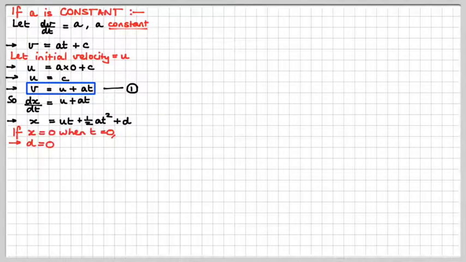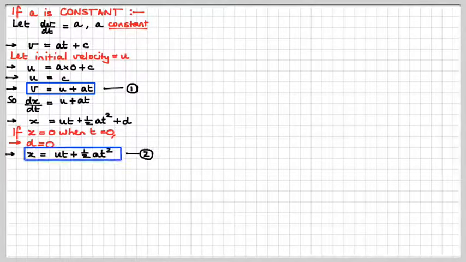Okay, now if x happens to be 0 when t is 0, that means that d will be 0. And what do we get? We get the second of our Academy Award winners in the constant acceleration stakes here. Okay, marvellous, isn't it?